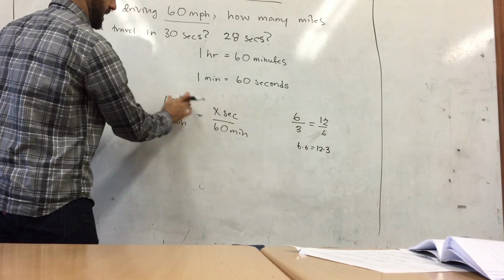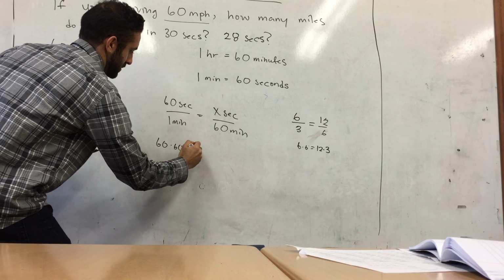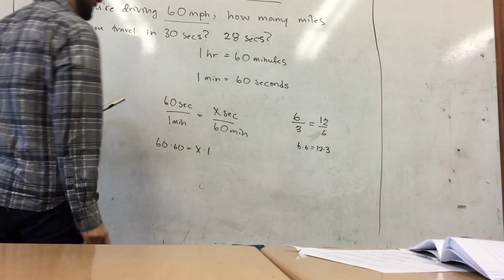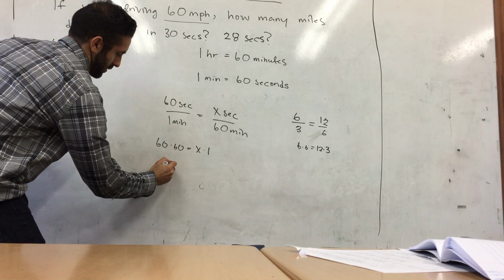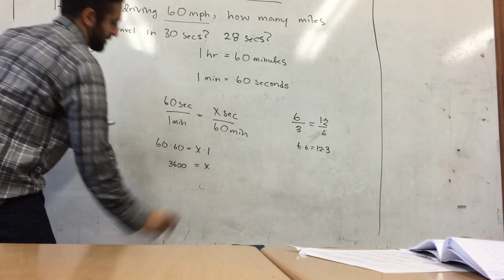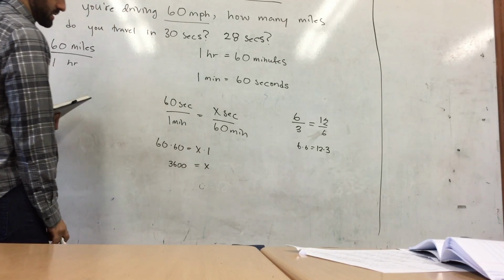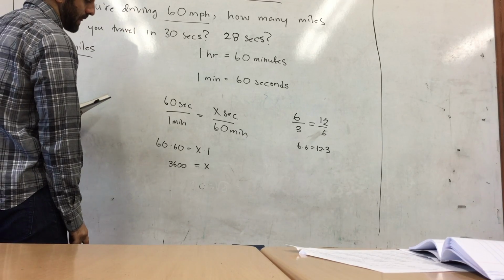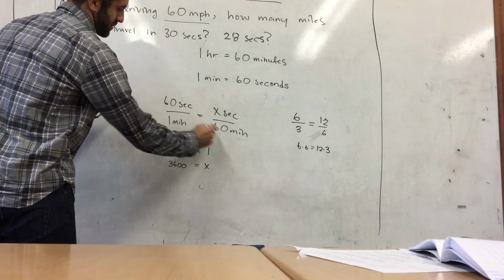So you could rearrange it that way and make this 60 times 60 is equal to x times 1. All right, and then you would get 3600 equals x. And Isaac just knew in his head, just multiply 60 and 60. That's what you do here.